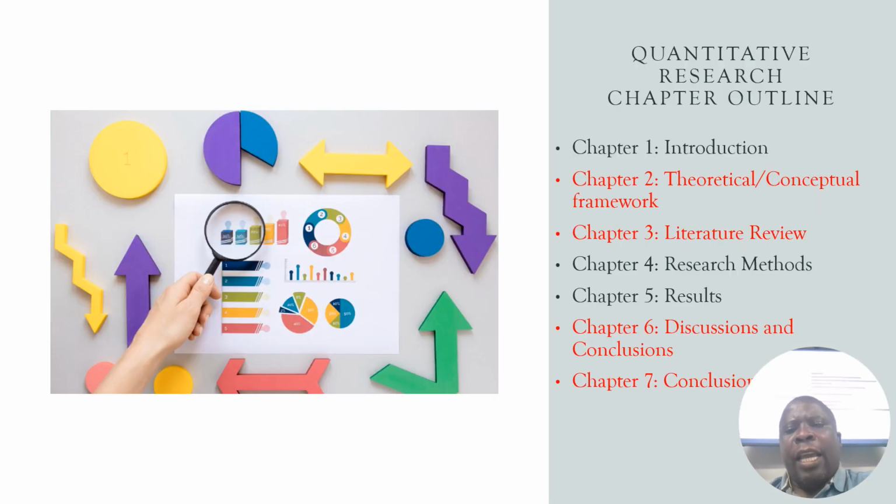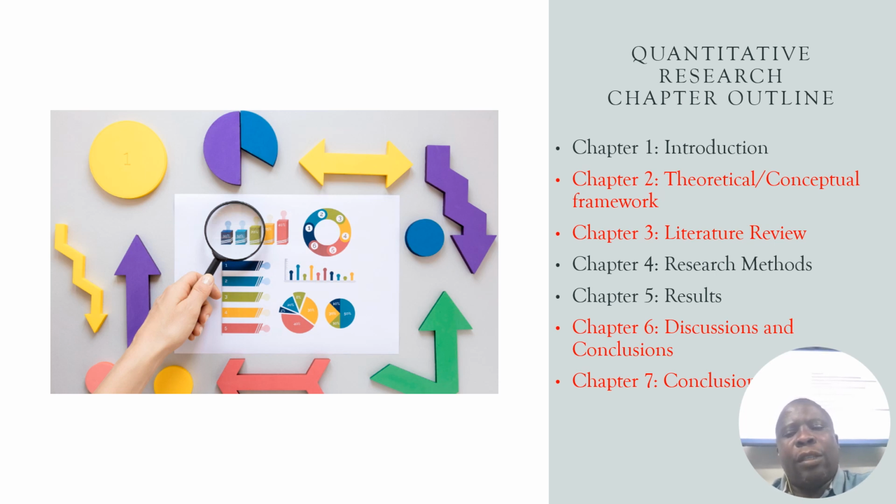Then quantitative. In most cases, quantitative starts with chapter 1, the introduction, and you would discover that the standard layout mainly forms much of what happens in quantitative research. From there, we have chapter 2 and chapter 3. It's all literature review, theoretical framework, conceptual framework, and literature review.